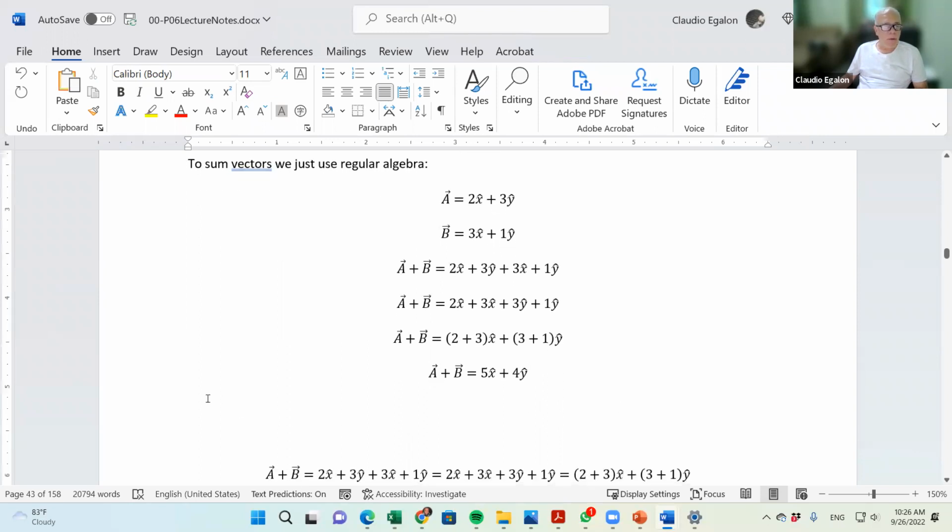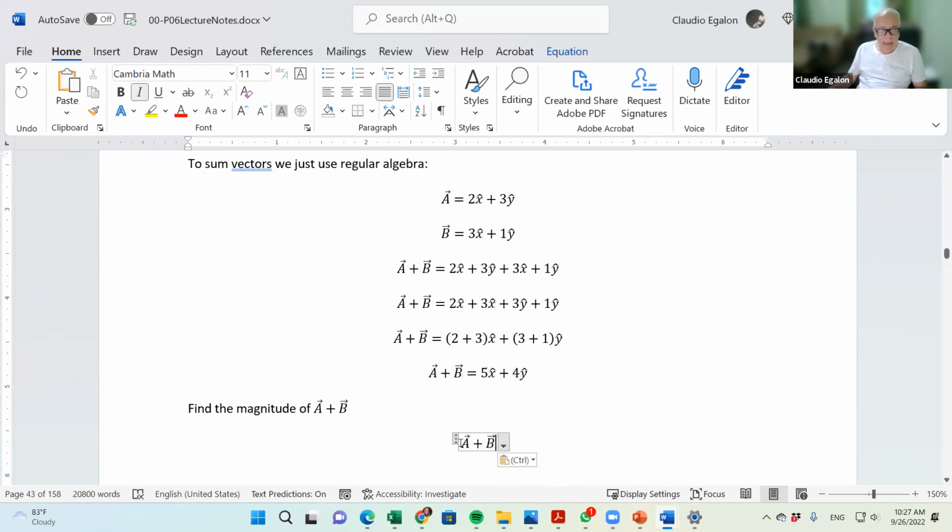And now if you want to find the magnitude of A plus B, we do exactly what we did before. Here you go. Magnitude of A plus B, put between the bars, is going to be what?